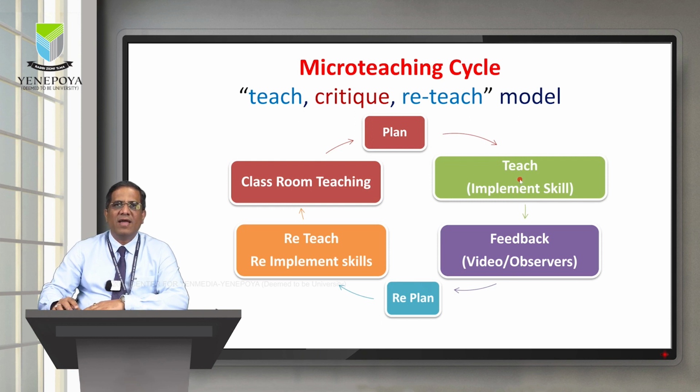Now feedback, you can take it from the observers, the peers. However, if you are not comfortable getting feedback from the peers, you can video record your presentation. There are AI tools also available to record your session, and then you can observe yourself using a self-assessment tool.